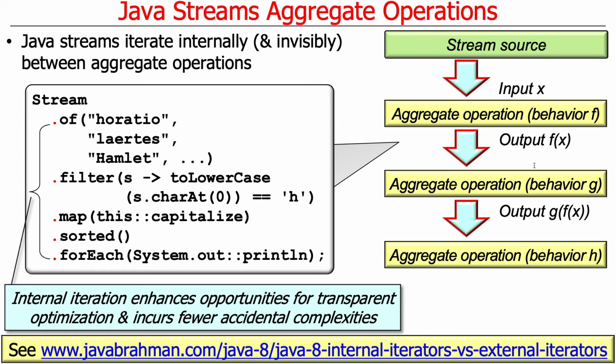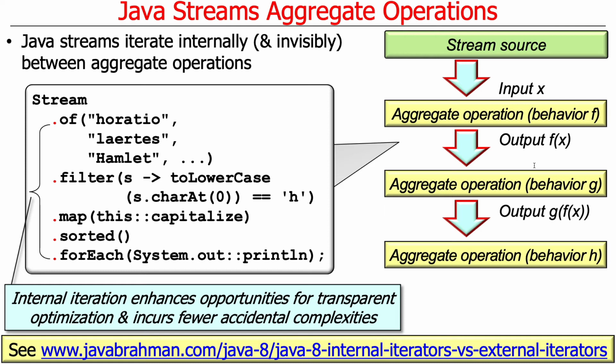So Java Streams uses something called internal iteration. And there are actually iterators working here that are making all these things happen. They're just hidden from you, and you don't see them. The benefits that come from this are, first, you have fewer accidental complexities. You won't forget to iterate. You won't forget to increment the iterator, for example. And the second thing is Java can provide for transparent optimization.